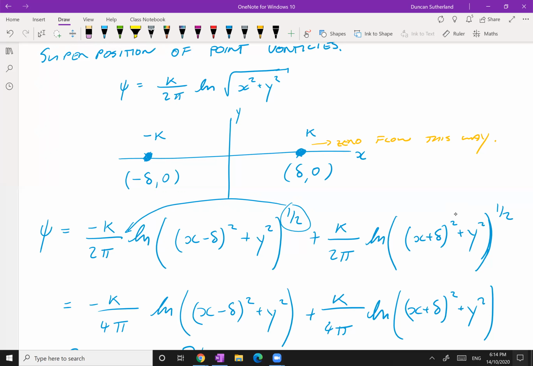There's a velocity in this direction, like so.